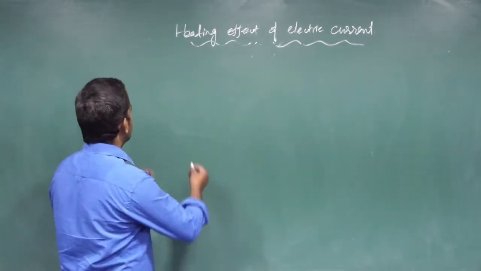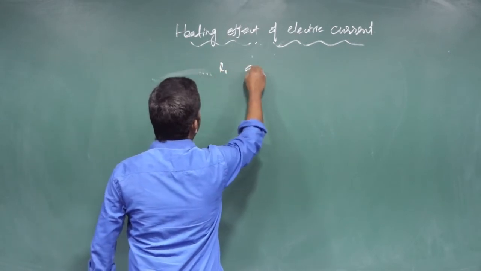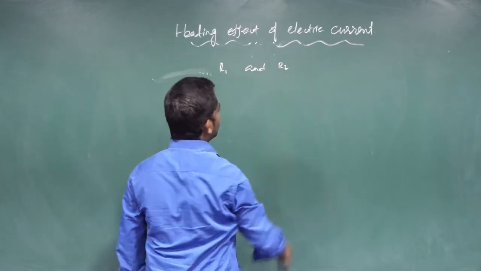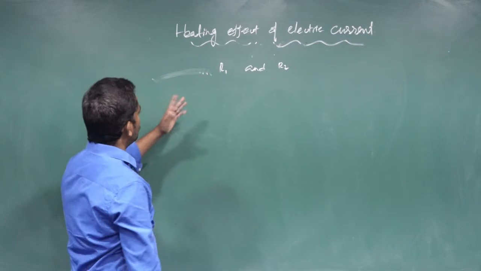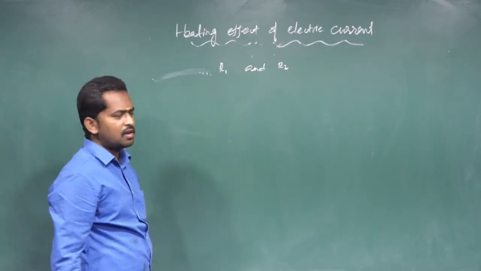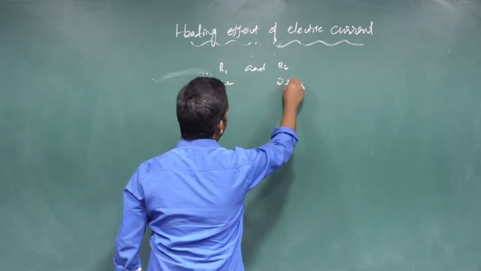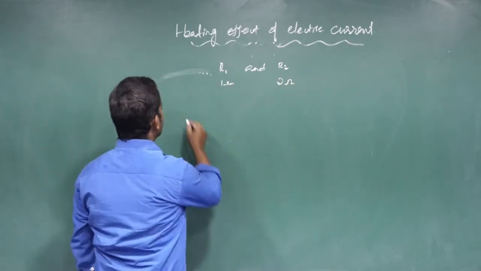Another example: if two resistances R1 and R2 are connected in series, and R1 and R2 are connected in parallel, what are the heat ratios? For example, I simply take R1 is equal to 1 ohm, R2 is equal to 2 ohm. They are connected first in series.